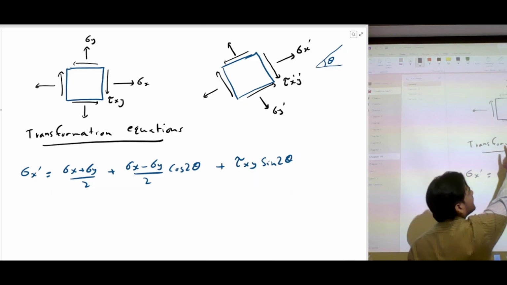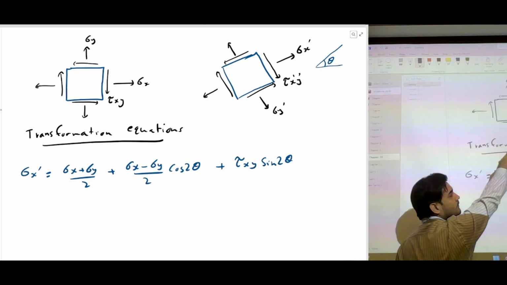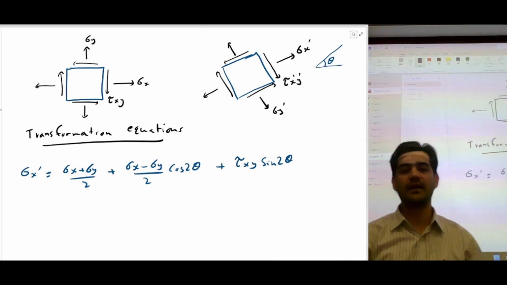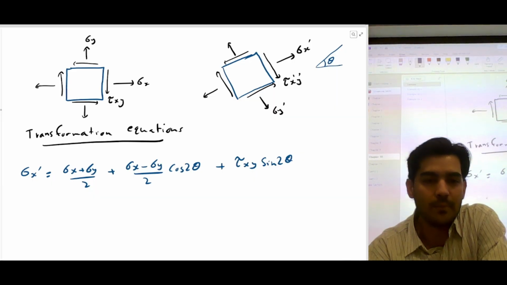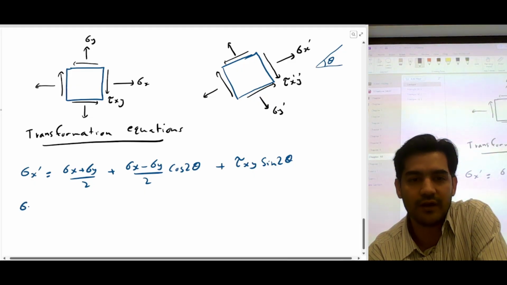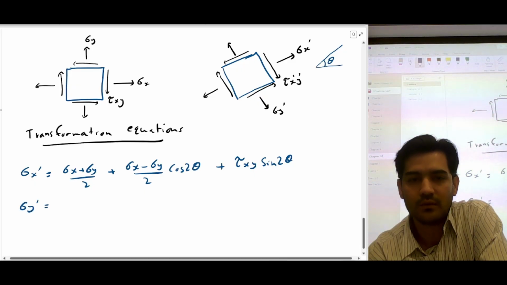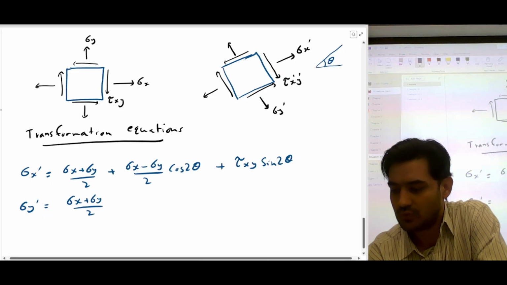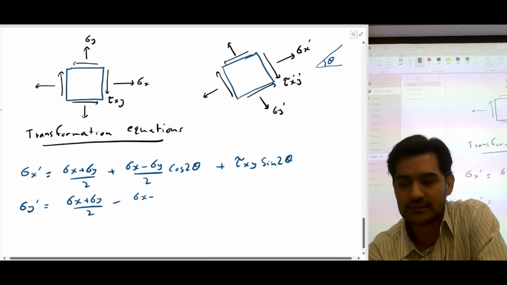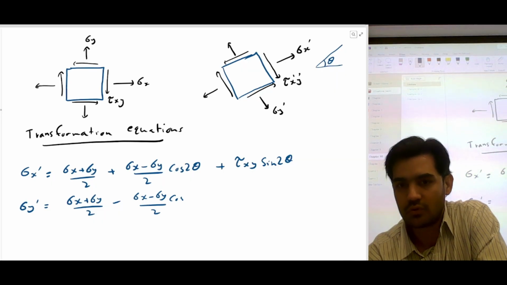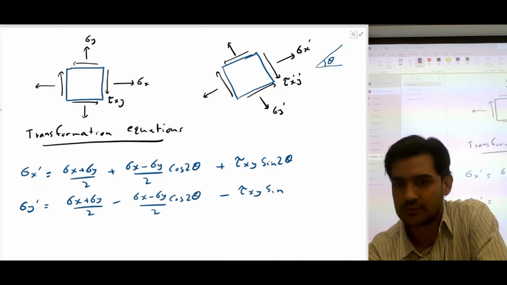All we need to know is the original stresses from the combined loadings and the angle where we are rotating, and we can get the updated stress x. Similarly, we can find stress y, which is stress x plus stress y divided by 2, minus stress x minus stress y divided by 2 times cos of 2 theta, minus tau xy times sine of 2 theta.